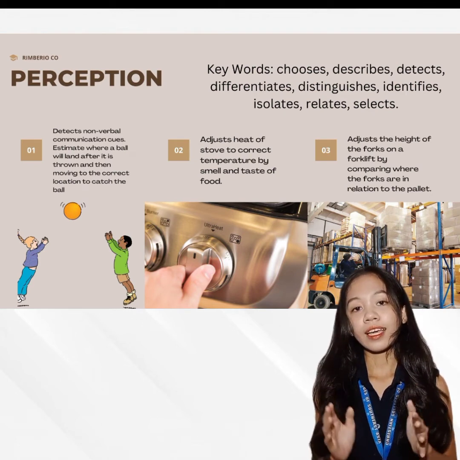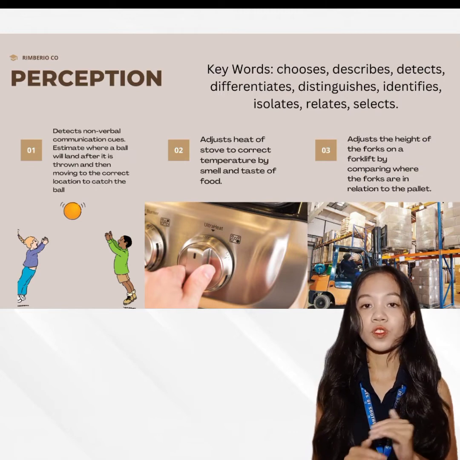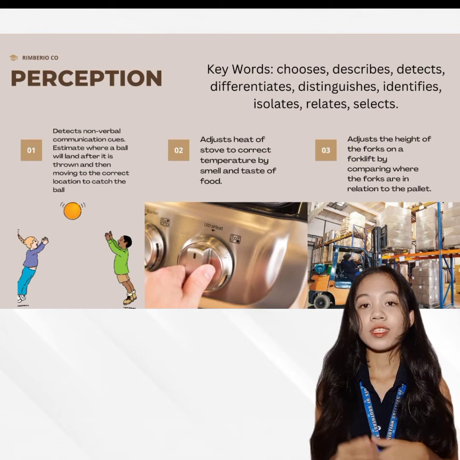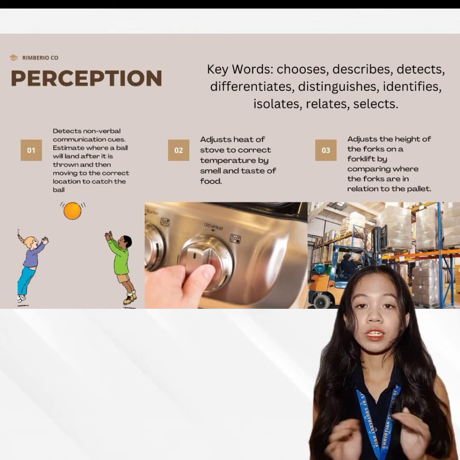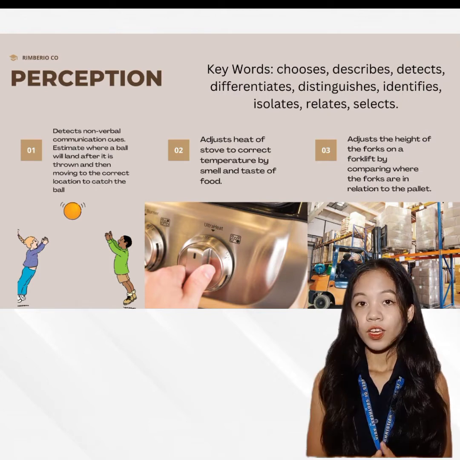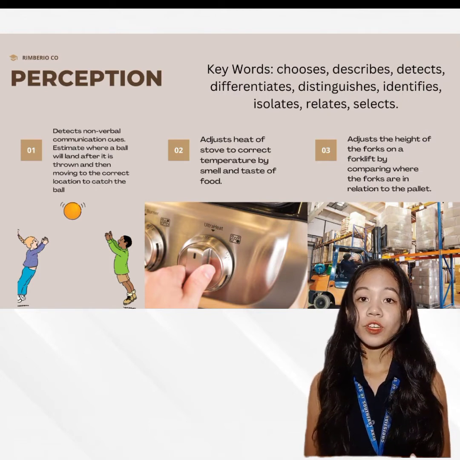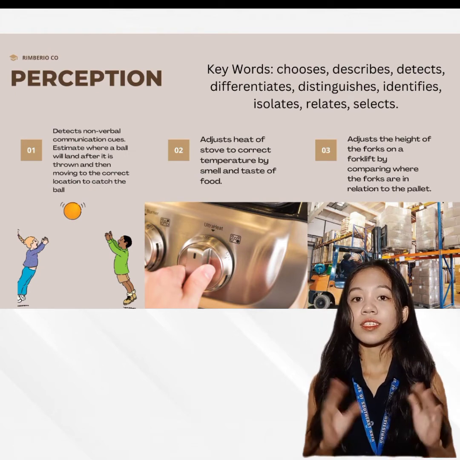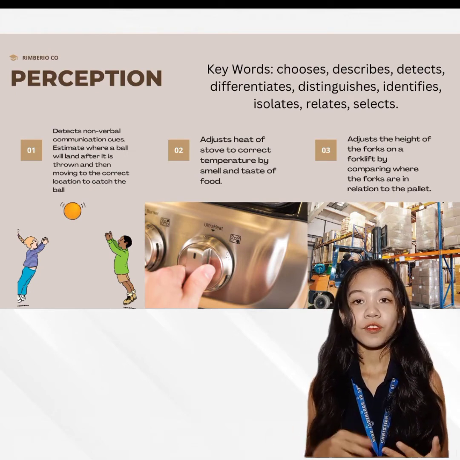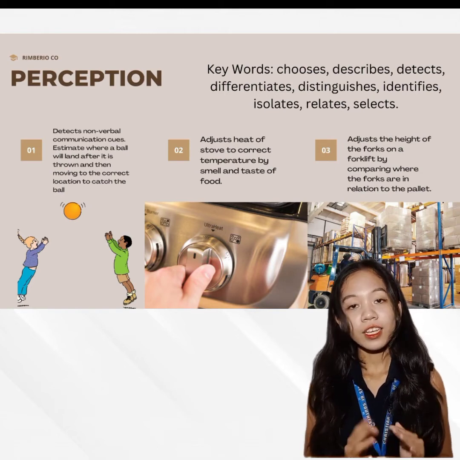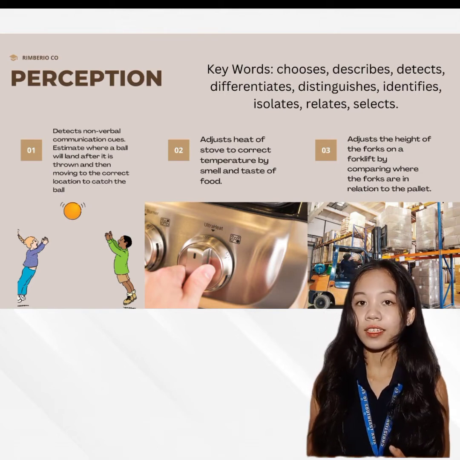Also, adjusting the heat of a stove to the correct temperature by smell and taste of food, or adjusting the height of the forks of a forklift by comparing where the forks are in relation to the pallet. These are the keywords that indicate it's under perception: chooses, describes, detects, differentiates, distinguishes, identifies, isolates, relates, and selects.